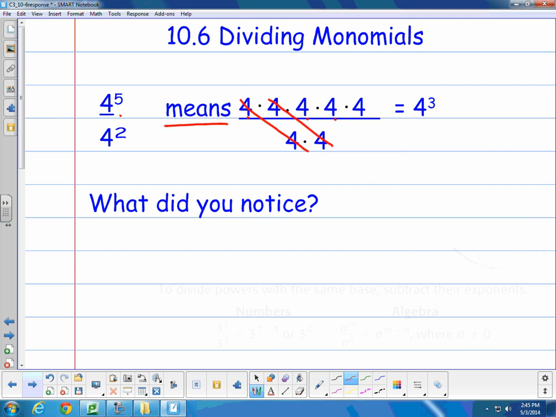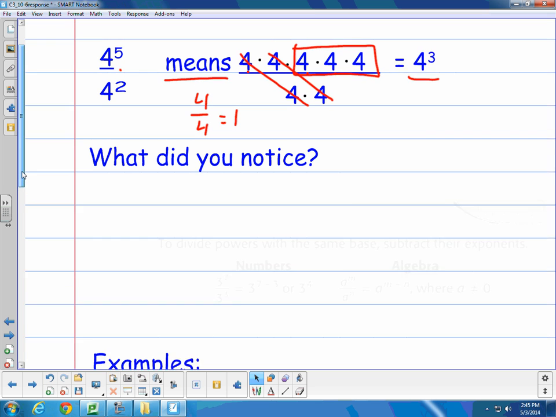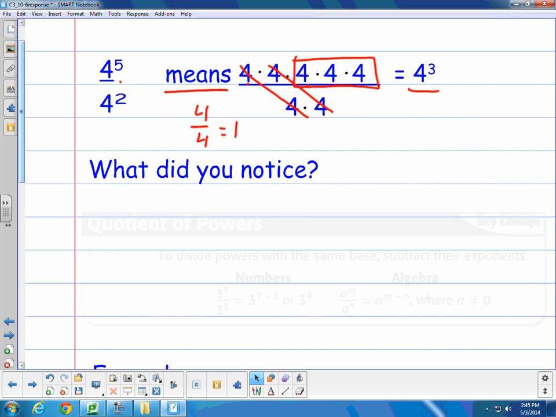When they do that, 4 over 4 is the same as 1, and when we multiply by 1, nothing changes. So all we're left with is 4 multiplied by itself 3 times, or 4 to the third. Okay, so let's think about what we notice here about some rules for dividing monomials.